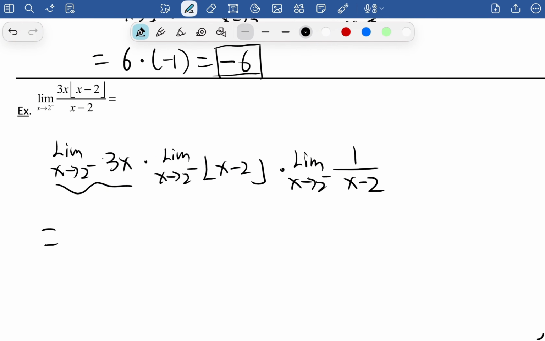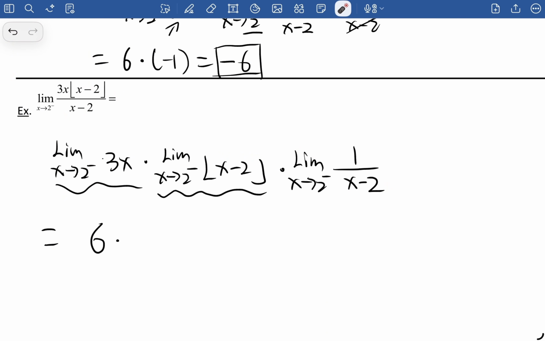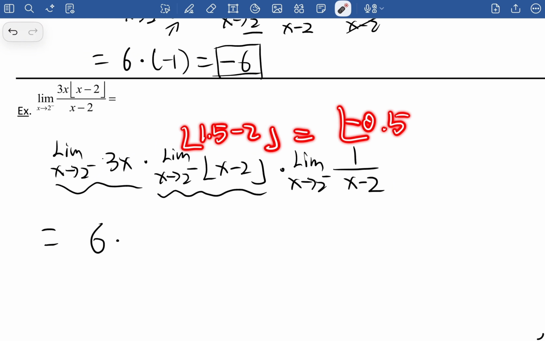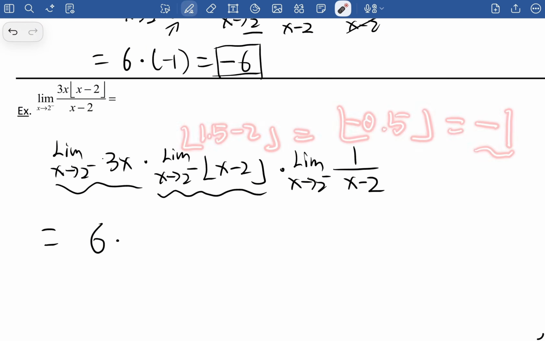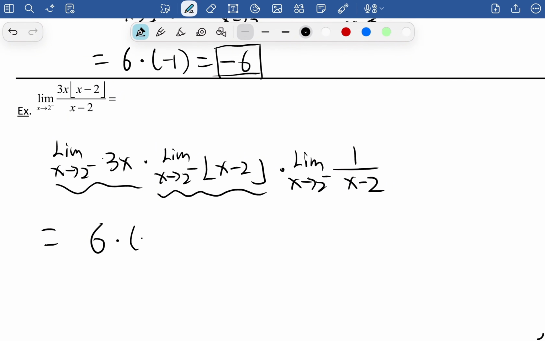The value of this one is basically plug x equals 2 in, so it's 6 times, what is this? Again, we plug in a value that's smaller than 2 but close to 2. Let's just say 1.5. So when we find x minus 2, this is negative 0.5, and the step function of this is basically negative 1. So we have times negative 1 times, you're pretty familiar with this.